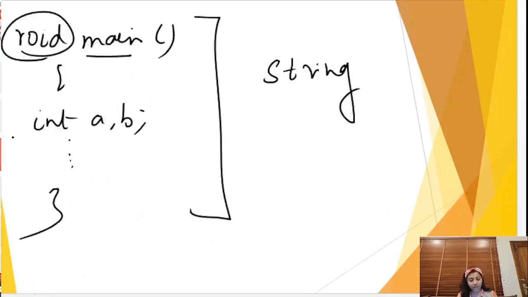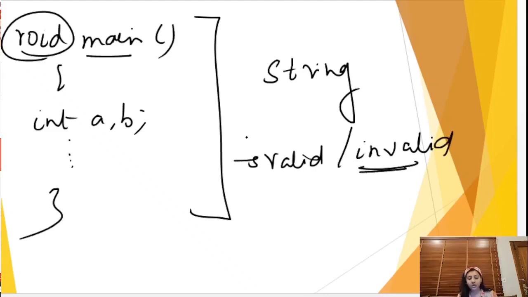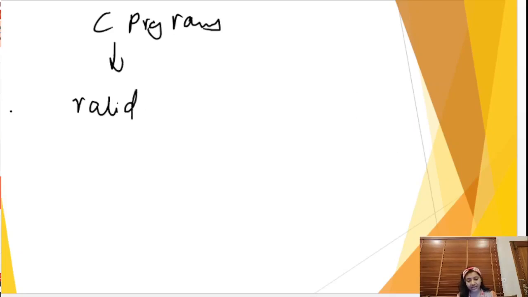So now the question is, whenever we write any program, let's forget about C language, whether in C++, Java, or Python, how will we decide whether that program is valid or invalid? Can we say that the C programming language is nothing but the set of all valid programs?